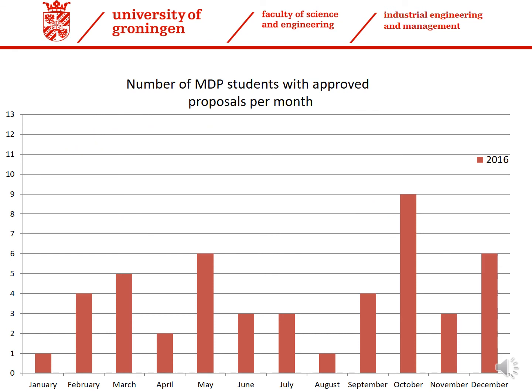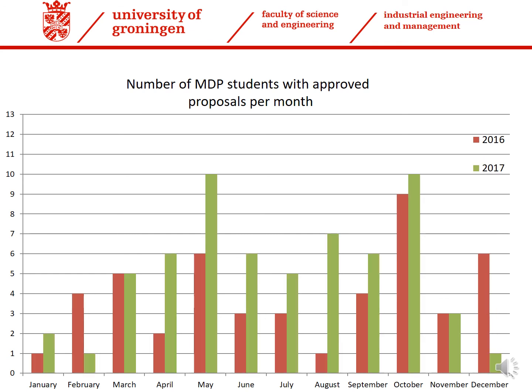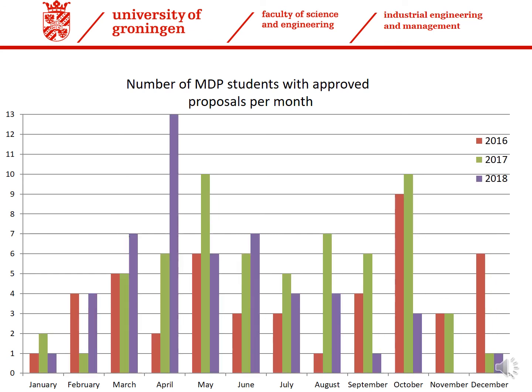And these graphs, I will show this one from 2016, this graph also from 2017, 2018, and we have the same trend from 2019, and now we almost have the same values for 2020. The idea here is that there are two peaks for proposals. Normally the trend is that in February, March, April, we have lots of proposals to screen.